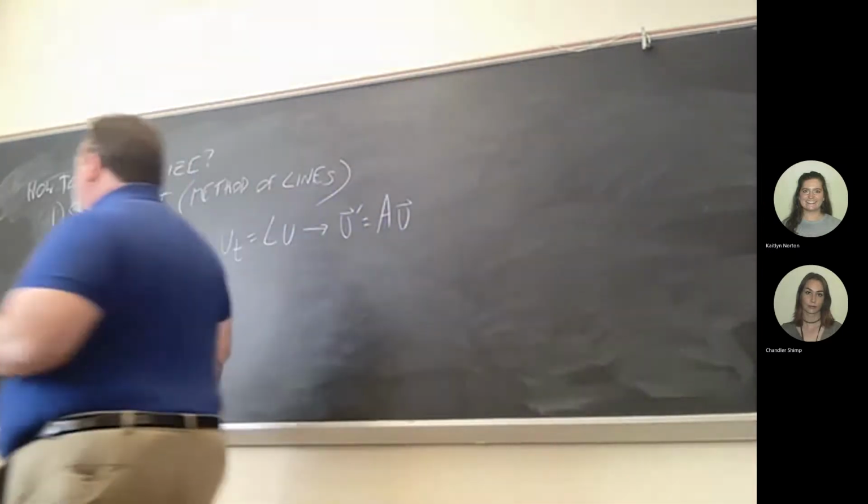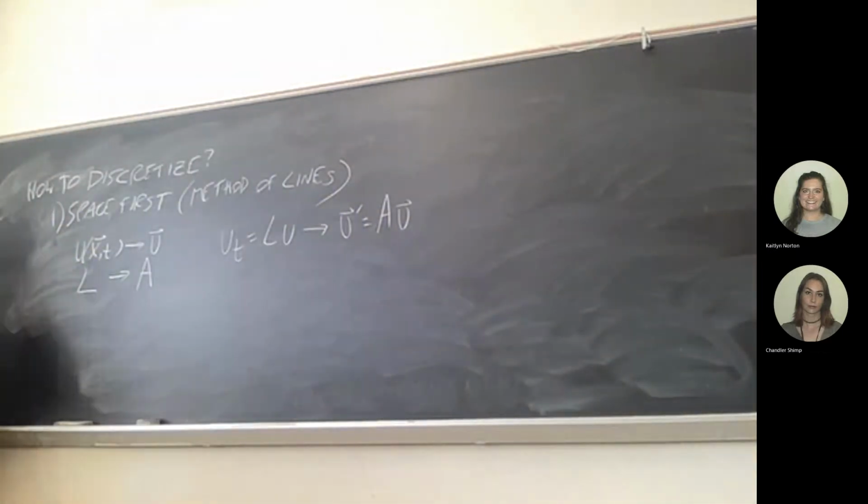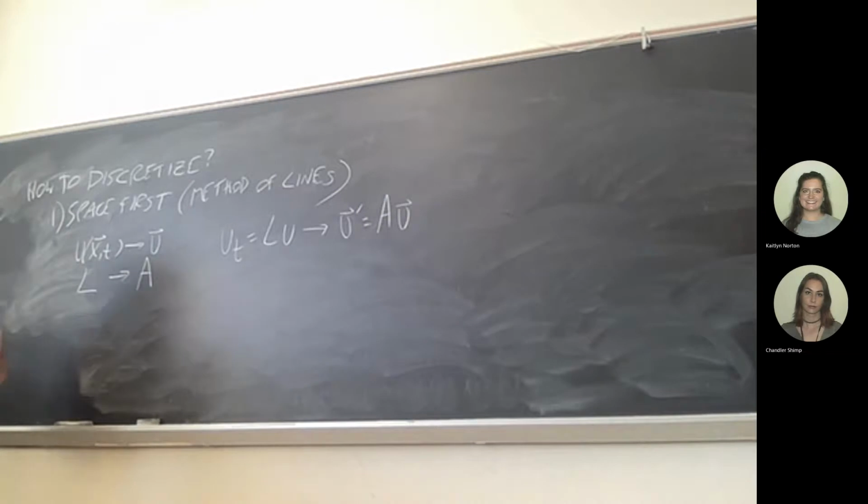So that's the method of lines approach, where a line corresponds to a particular grid point, like an X value.